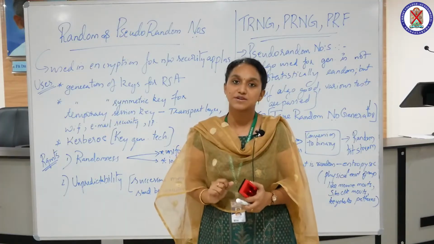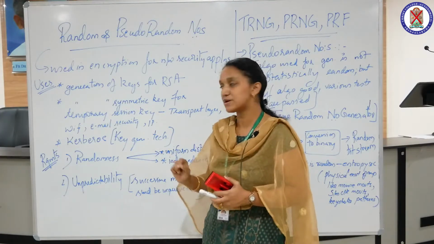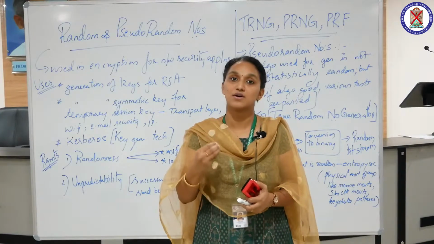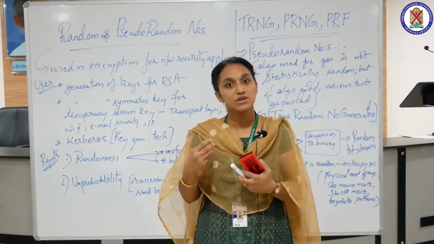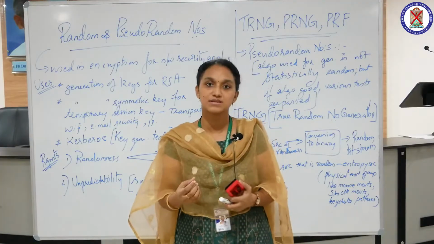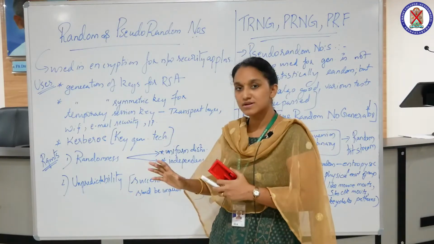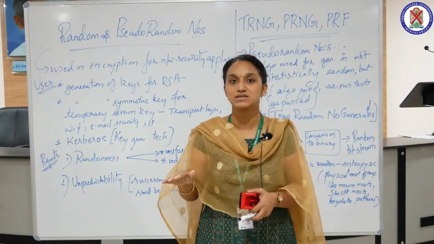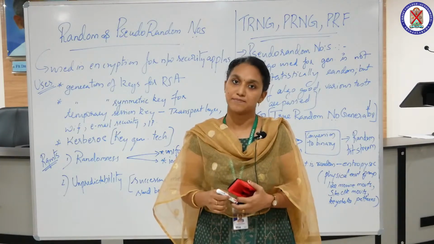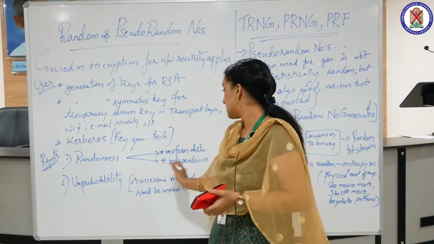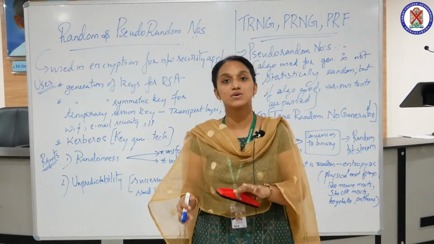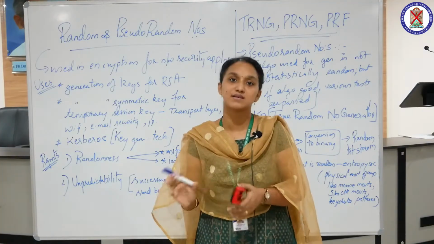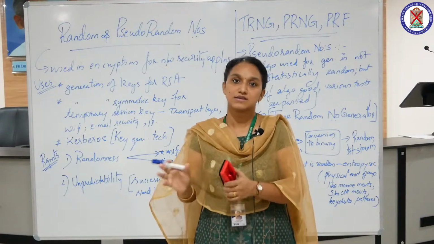One is randomness and the other is unpredictability. Randomness we can measure with one or two criteria, and even if one criterion is satisfied, randomness is okay. The two criteria are uniform distribution, in which the number of zeros and ones should be approximately the same, and independence, in which a subsequence derived from a sequence should not be derivable from any other sequence, so it is unique.